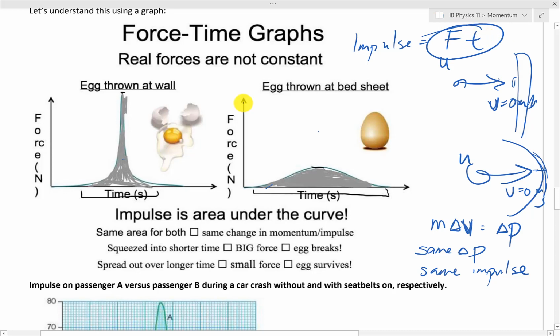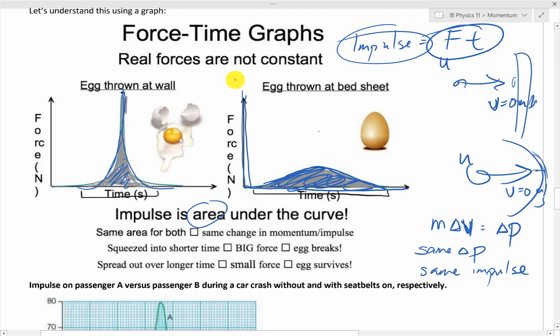Now, what property on a force time graph is force times time? If you're thinking about area, yes, the area is the impulse. So the area underneath this force time graph, this gray shaded area here, is the change of momentum of my egg. And notice the area underneath both of these graphs is relatively the same if you count all the squares. So then we know that the same egg undergoes the same change of momentum, same impulse.